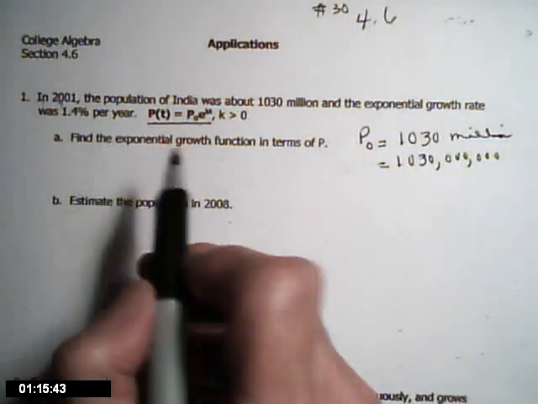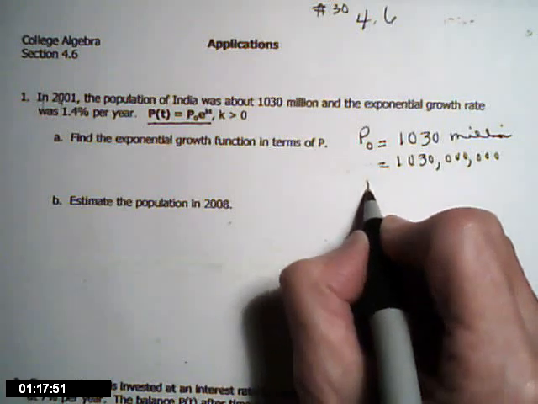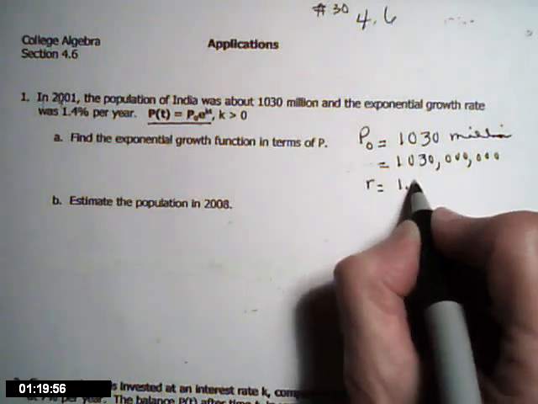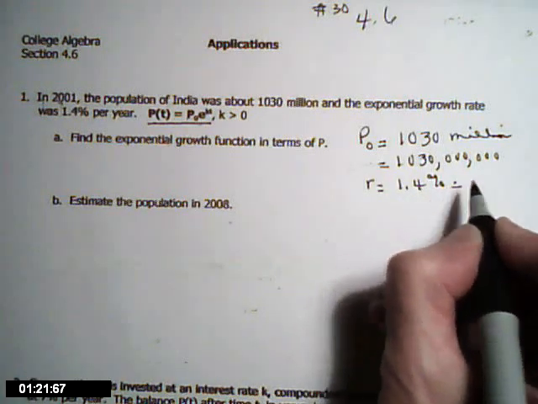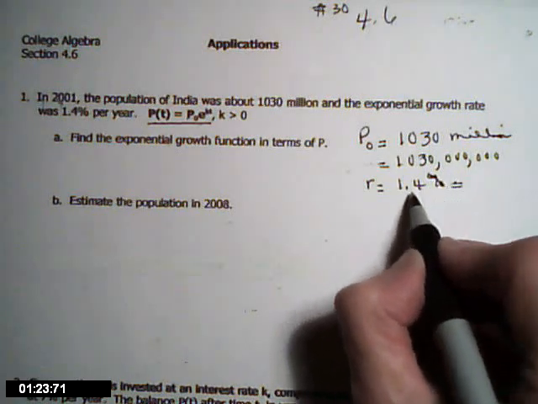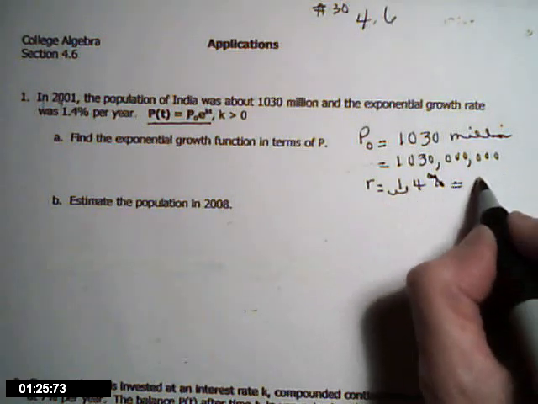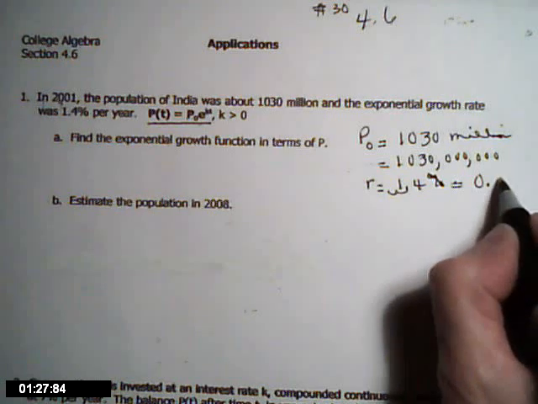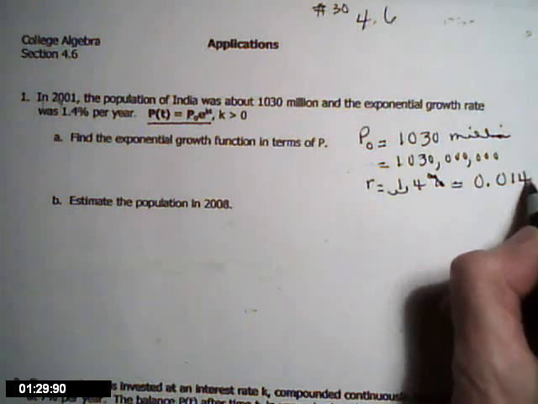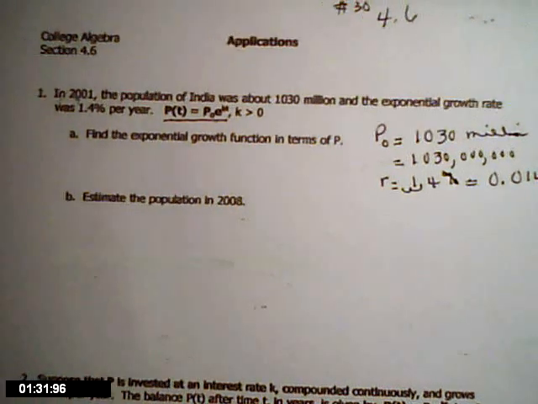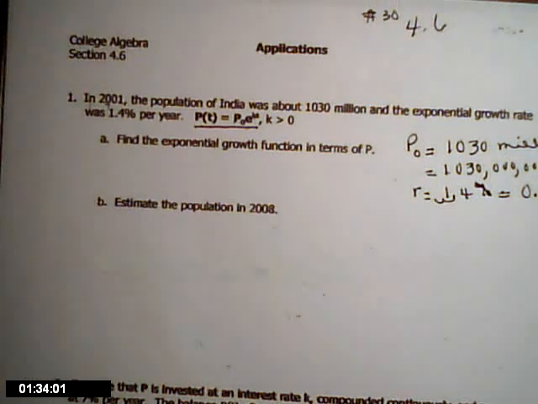They had a growth rate of 1.4%. Now that's our r. Remember to convert to a decimal: we drop the percent and move the decimal 2 places to the left. That'll be 0.014.